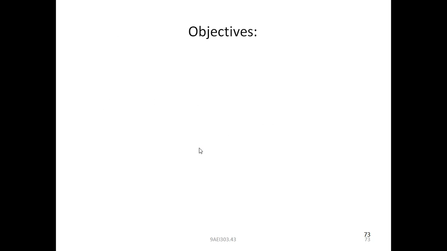Okay, this is about complementary symmetry class B power amplifier. This is very important from your examination point of view. This is very simple in construction. The advantages are: very simple in construction, the efficiency is 78.5 percentage, it occupies very less area, it is low cost, and the design is very simple.